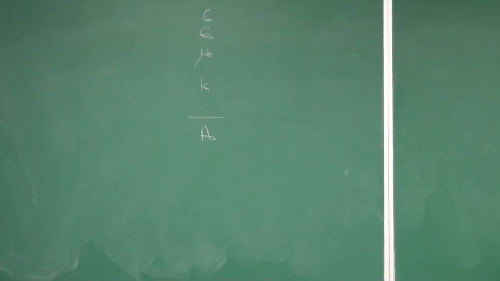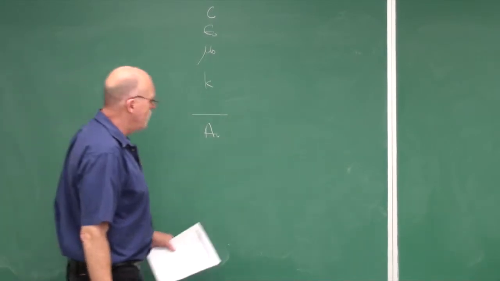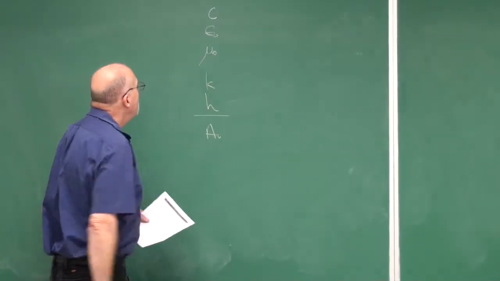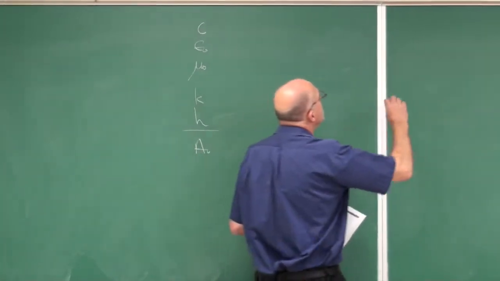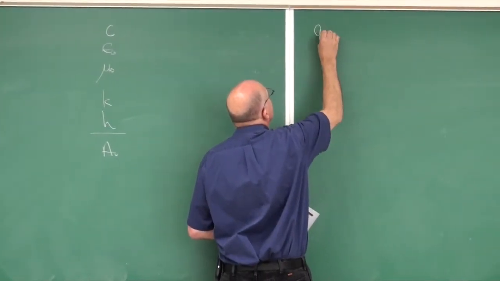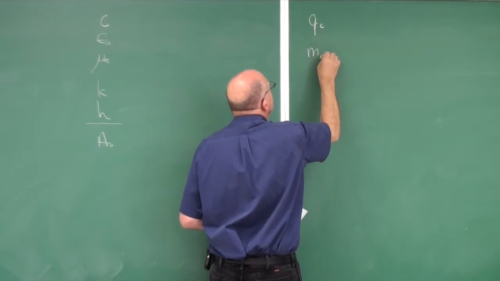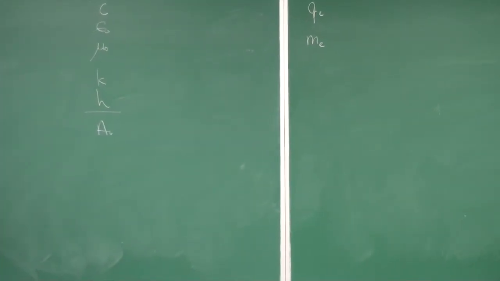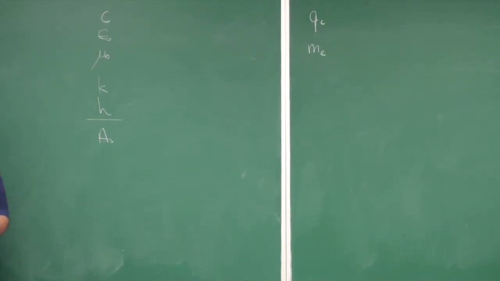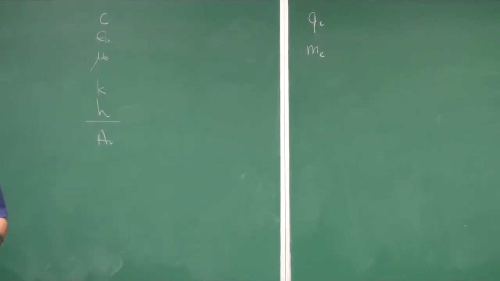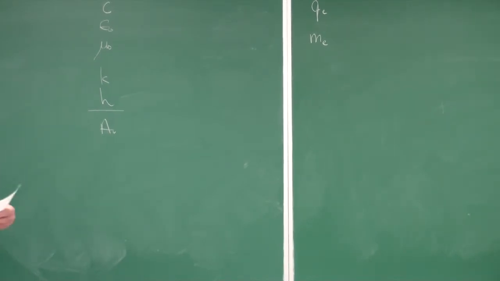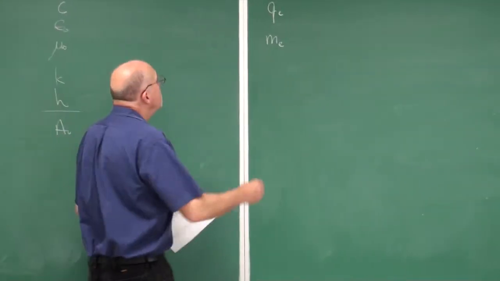Things that are not so essential but pretty useful are Planck's constant, I guess you should know. Other things that are useful to know is the charge of the electron and the mass of the electron, but that's less life and death.